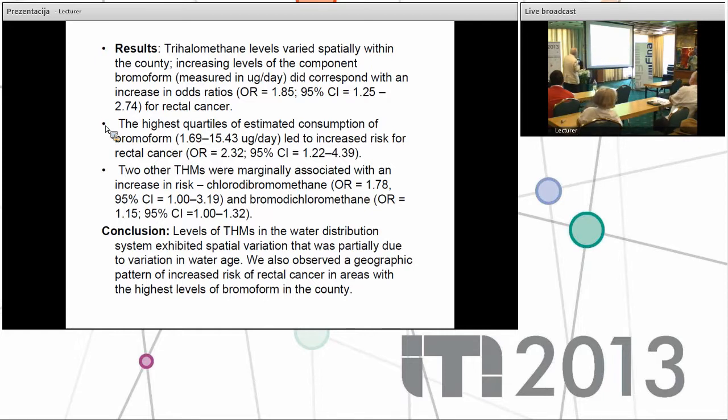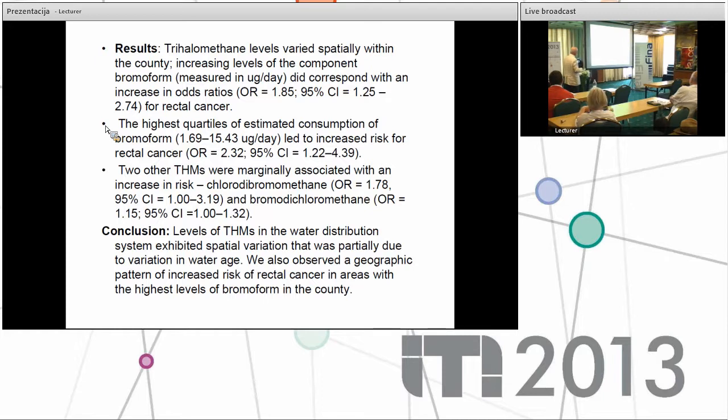So for trihalomethane levels, they varied spatially within the county. Again, bromoform, increased odds ratio for rectal cancer, again, was 1.85, so almost 2-fold risk, which was significant. Highest quartiles of estimated consumption of bromoform led to increased risk. And then there was marginal with other trihalomethanes.